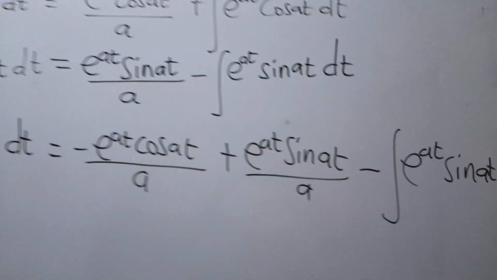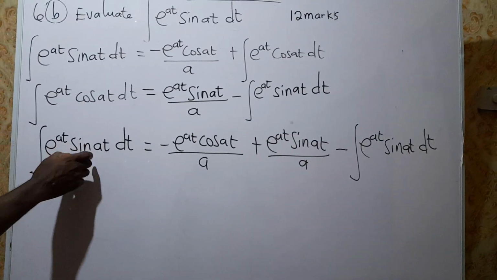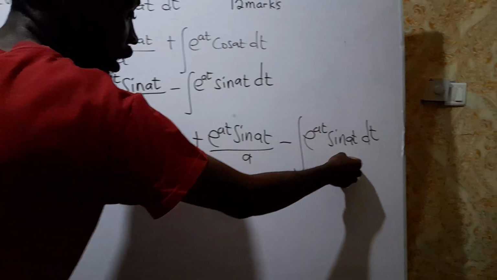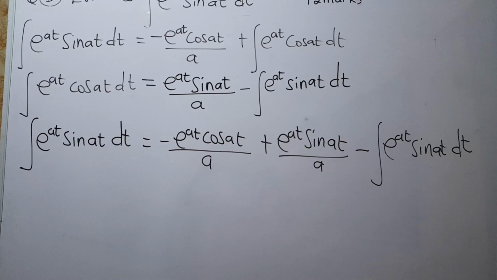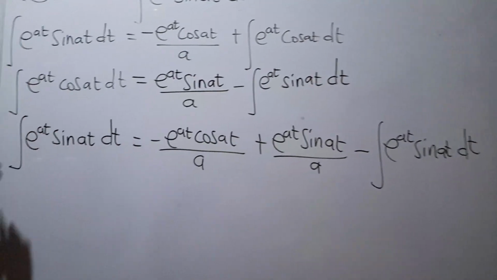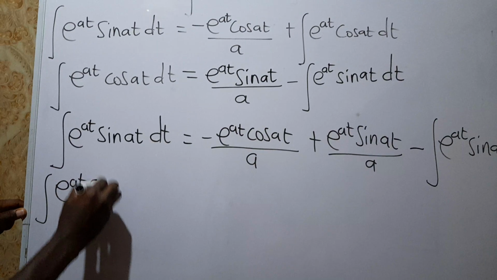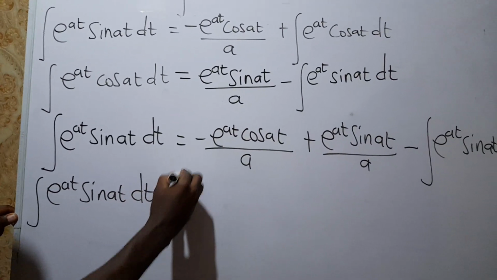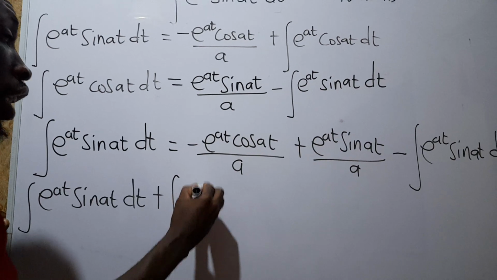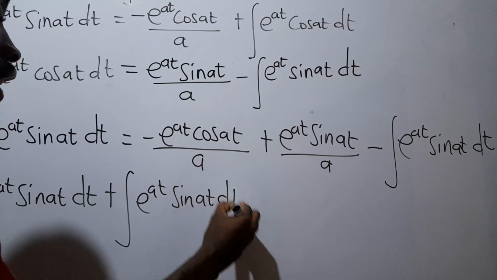Now, remember in integration by parts, anytime you are solving by parts and what you are integrating pulls out again, there is no need to integrate by parts again. We just bring them together. So we can transfer this to this. So we'll get the integral of e^(at) sin(at) dt plus the integral of e^(at) sin(at) dt.